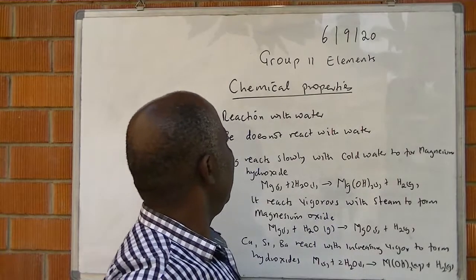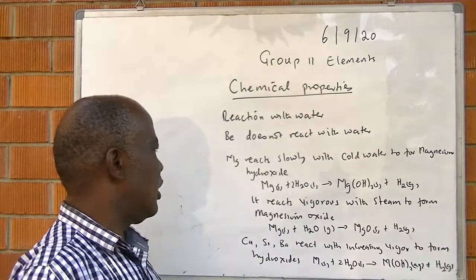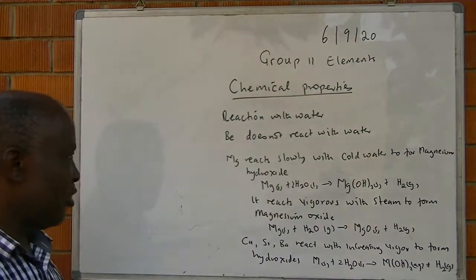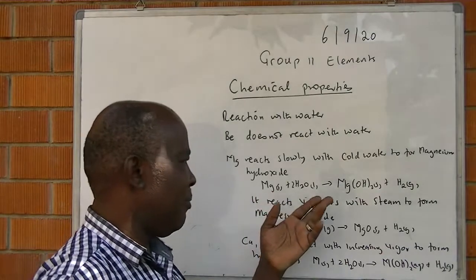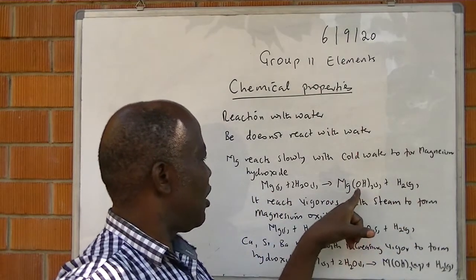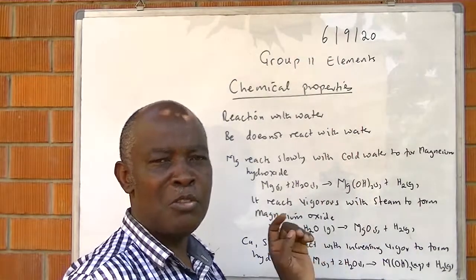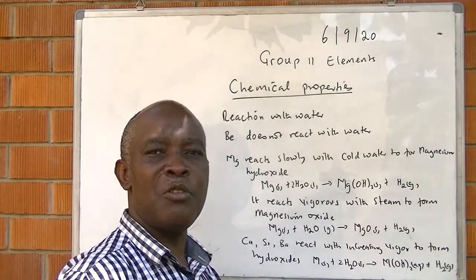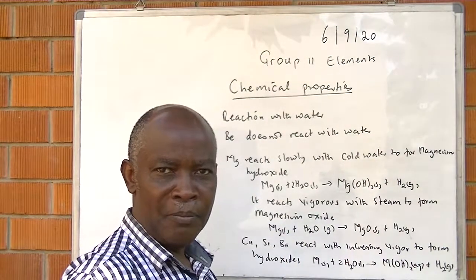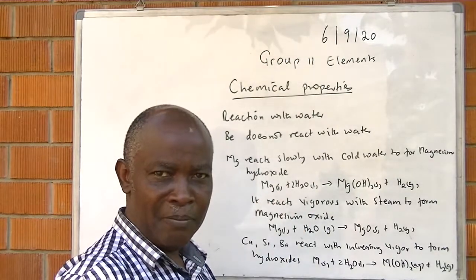Reaction with water. Beryllium does not react with water at any condition. Magnesium reacts slowly with cold water to form magnesium hydroxide and hydrogen. The insolubility of hydroxide will stop the reaction. Actually, most books will tell you that magnesium does not react with cold water. Practically, magnesium does not react with cold water.